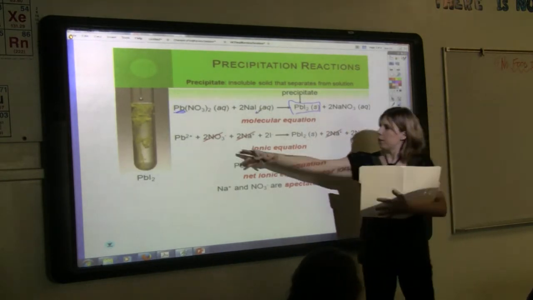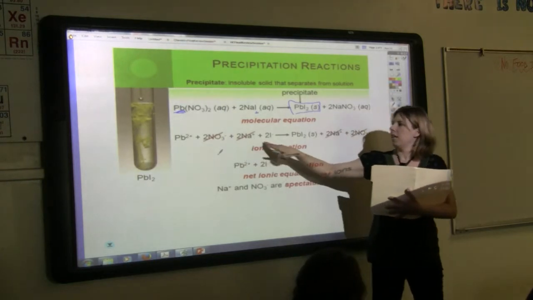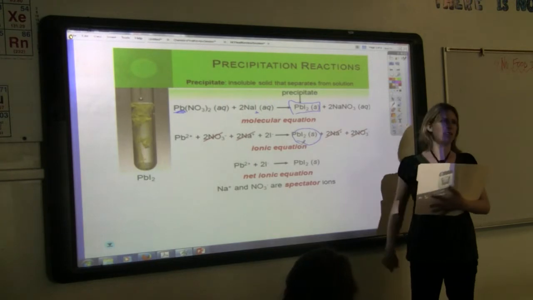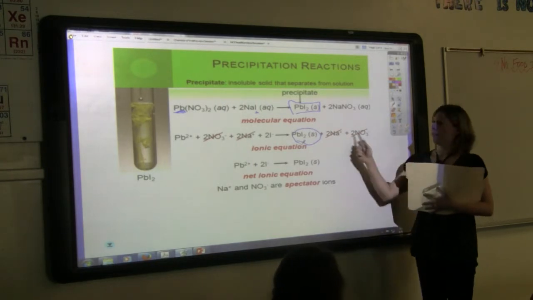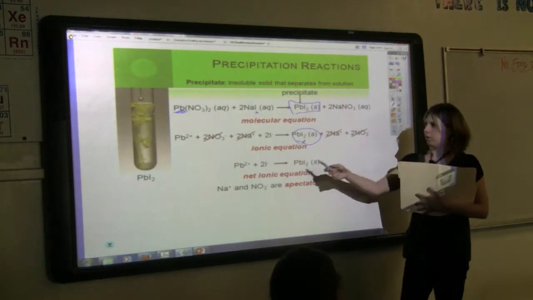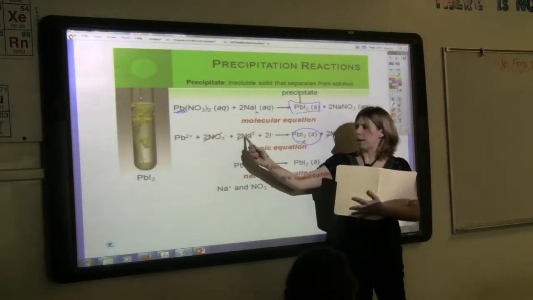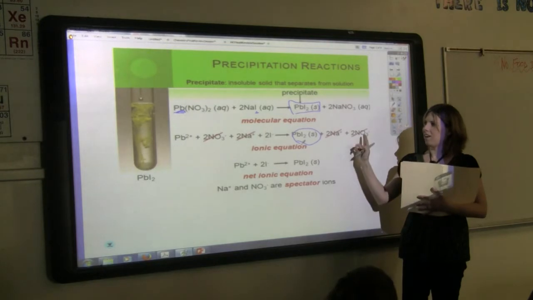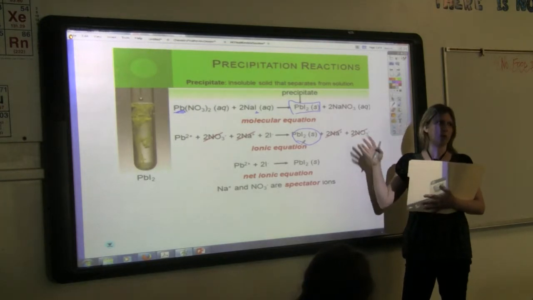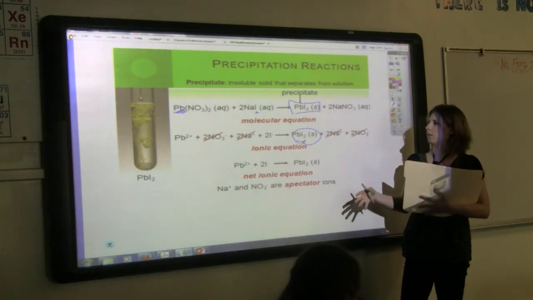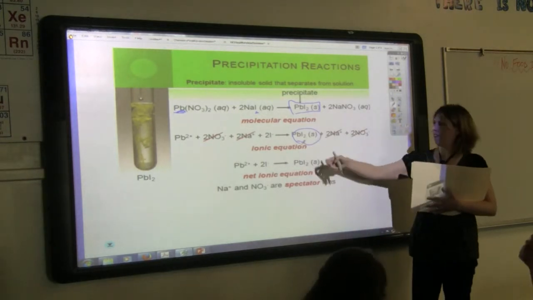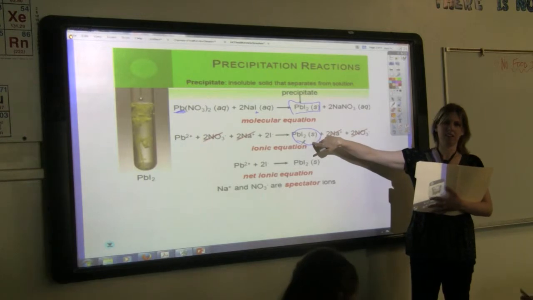So first thing I'm going to do is separate everything into its ions except the solid. Everything else gets separated. So charges, we balance it, whole nine yards. So that's our ionic equation. We've broken it up into its ions. The next thing we do is cross out everything not involved in making that solid.